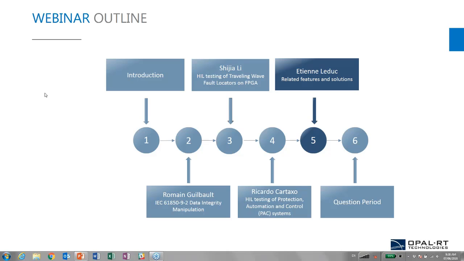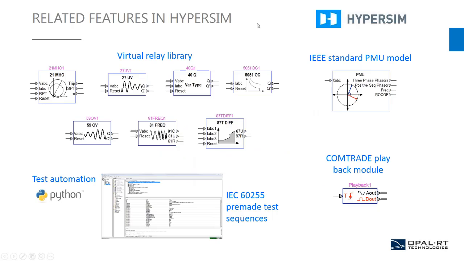On my side, I'll end this webinar with the related features and solutions provided by OPAL-RT. We have a couple of features specifically designed for protection studies in HyperSim. We already have a virtual relay library comprising 7 different functions.